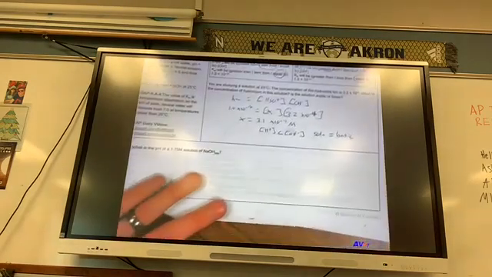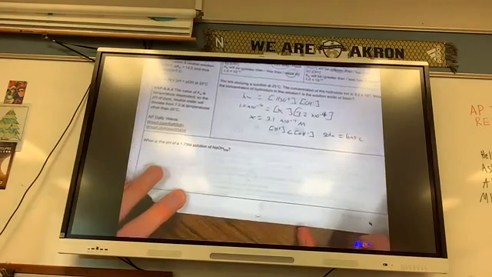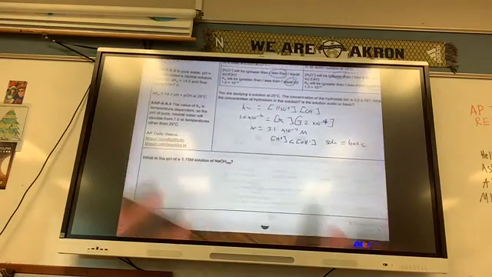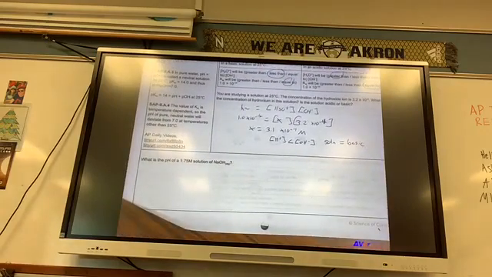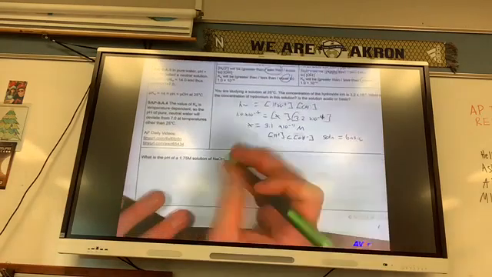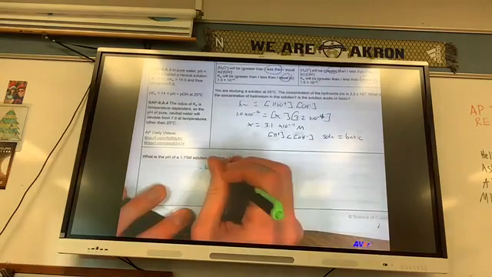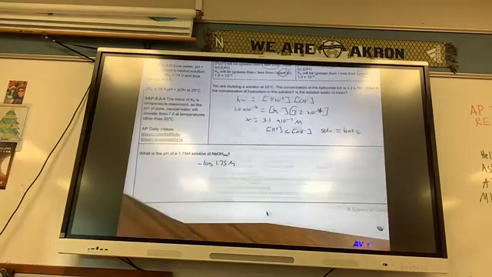What's the pH of a 1.75 molar NaOH solution? Strong base, which means I can take an immediate pOH. So negative log of 1.75 molar. Why does that work? Because all of the NaOH goes to OH- because it completely dissociates.